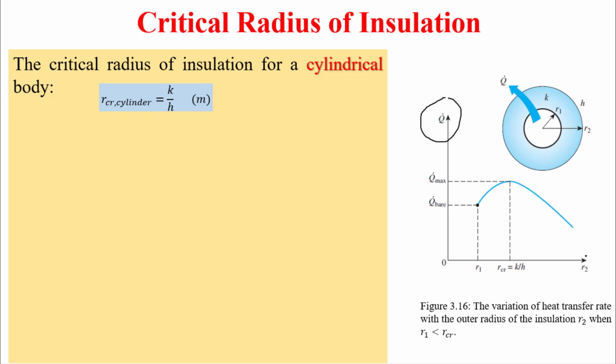So this is Q, and here we have R outer. If we start without any insulation, at this R1, we have a certain amount of Q escaping from the pipe to the outside.